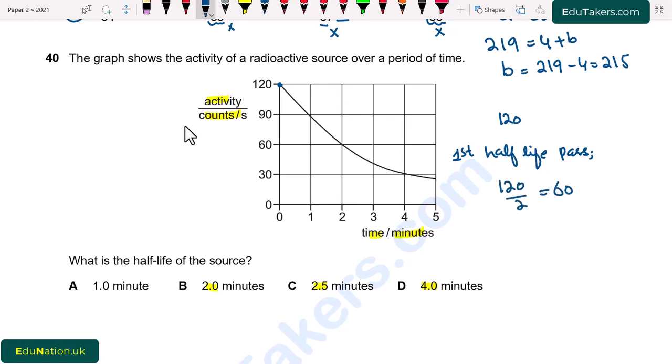So first of all, I see here 60 is at this point and the time on the time axis passes 2.0. It means that the half-life is 2.0 minutes because in the 2 minutes the count rate reduces to half. So here will be second option B. So B is correct here.